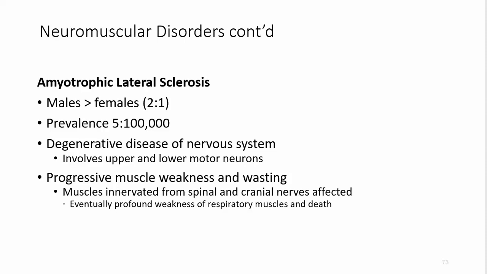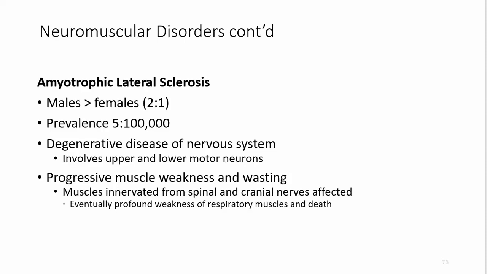What happens is it de-innervates skeletal muscle, so it leads to profound weakness. Muscles waste away. There's no muscle bulk because there's no innervation. Stephen Hawking has this, and if you picture him, you can probably picture that muscle wasting.